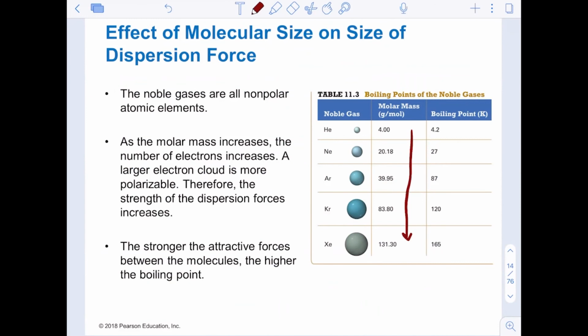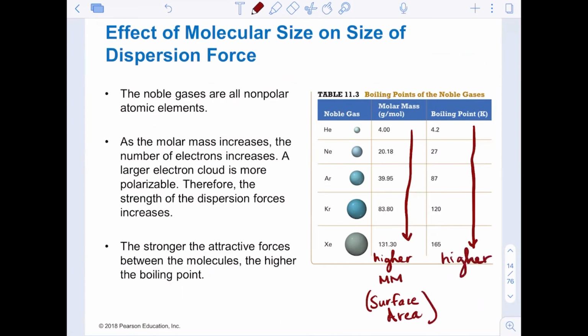And therefore, notice the boiling point. Higher molar mass or higher surface area, the higher the intermolecular forces, which result in higher IMFs and a higher boiling point.